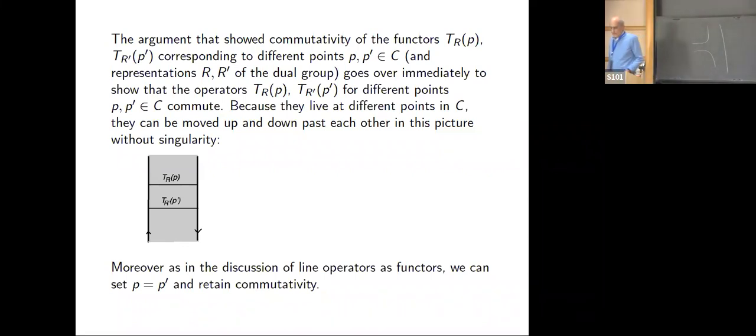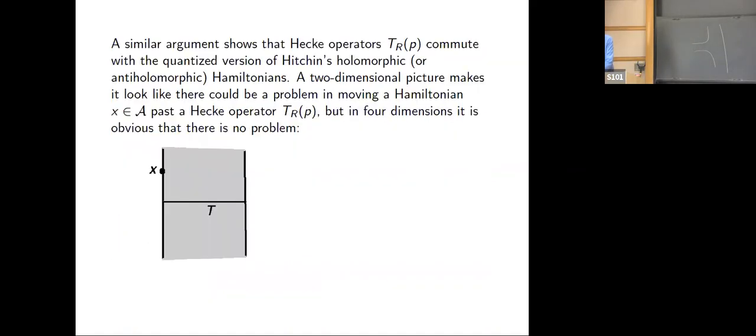And as in the discussion of line operators as functors, well, I'll skip the last segment. The same argument shows that the Hecke operators commute with the quantized Hitchin Hamiltonians. Again, you can move the Hitchin Hamiltonian up and down past the Hecke functor, because you can assume that they're localized at different points on the Riemann surface C.